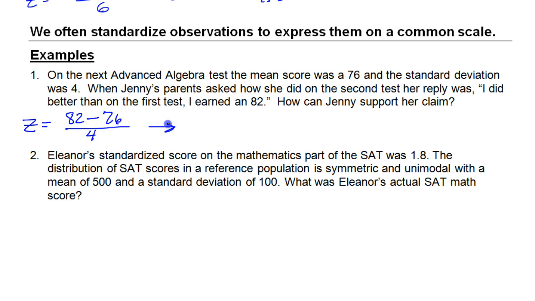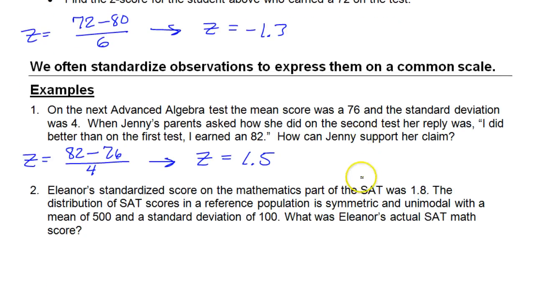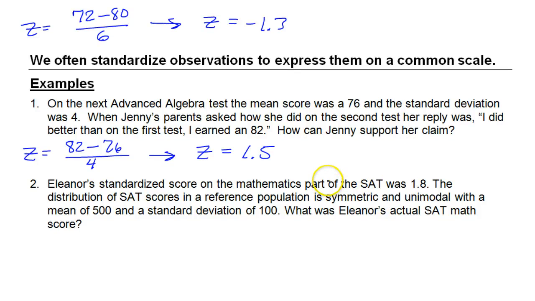All right, so what does this z-score turn out to be? 1.5. Okay, so this time she scored 1.5 standard deviations above the mean, whereas last time she only scored 1 standard deviation above the mean. So that's how she can justify that compared to the rest of the class, she dominated more this time.